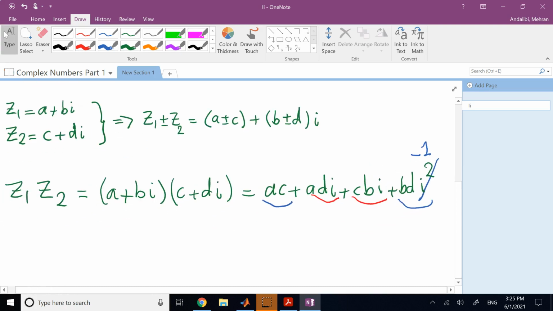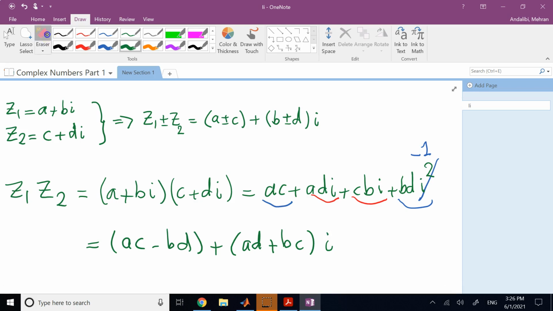So if you now want to simplify it, it is going to be ac minus bd, that's the real portion of this result, plus ad plus bc times i. Okay? So that is the product of two complex numbers.